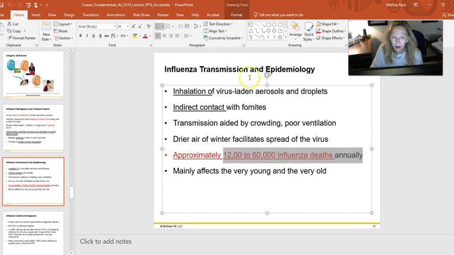So again, where influenza typically affects the very young and very old, the coronavirus that we're dealing with now in the pandemic, there are many coronaviruses, but this one has really been like Russian roulette.